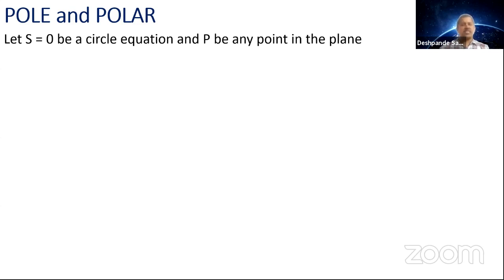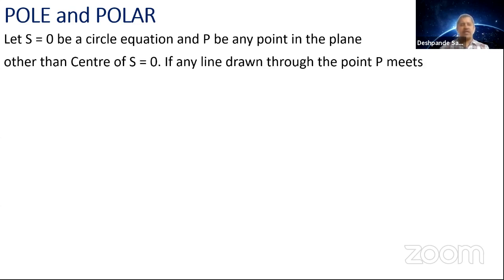For representation, we take the point as outside and start. Then we discuss the point on the circle, then the point inside the circle. So let S be the circle equation and P be any point in the plane other than the center of the circle. The point you take can be anywhere, inside the circle, on the circle, or outside the circle, but it should not be at the center of the circle.